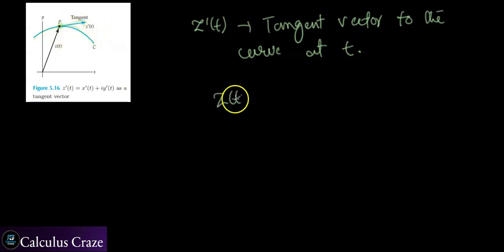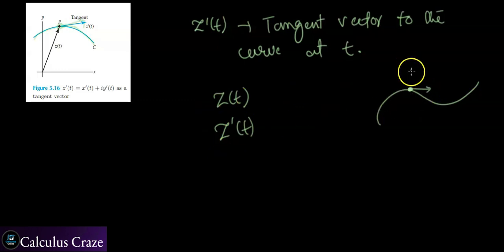So you will see that you will have a tangent vector over here, defined by the derivative of z at t.